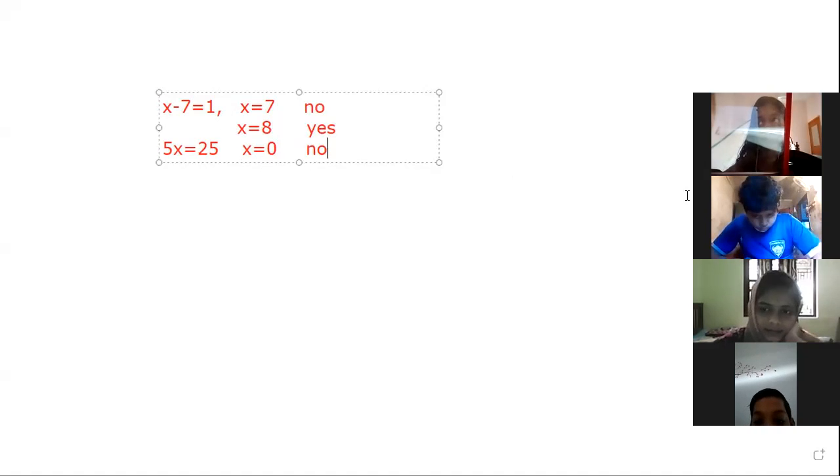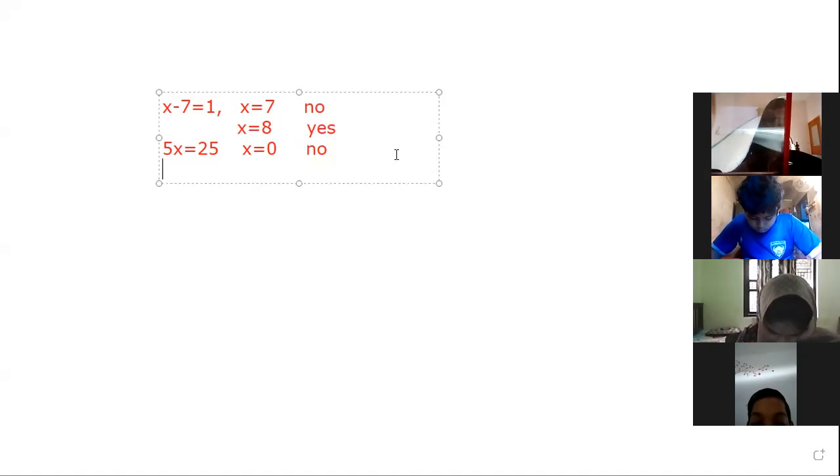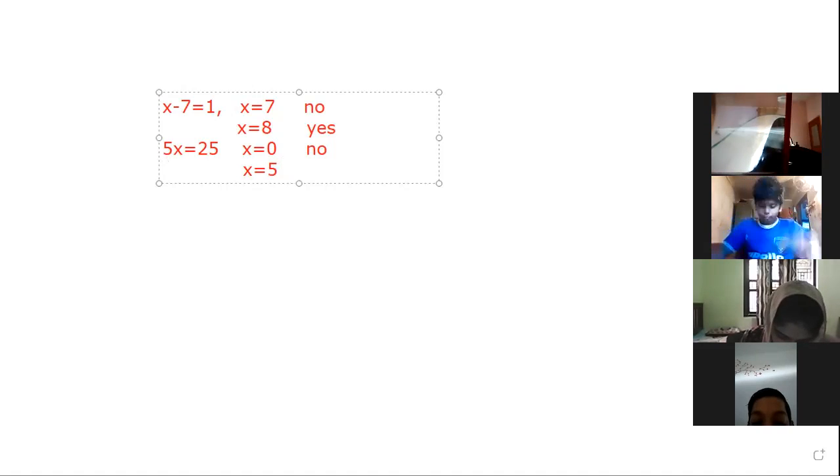There is a place where we have to write this true or false or yes or no, in page number 81. Okay, then the next one, the same equation, we are changing the value of x to 5. Then what happens? 5x means 5 into 5.